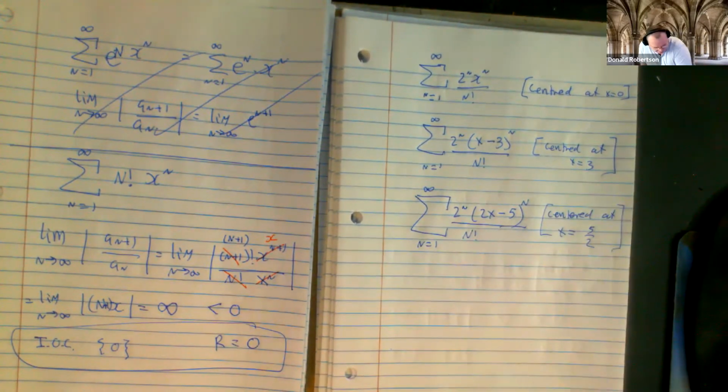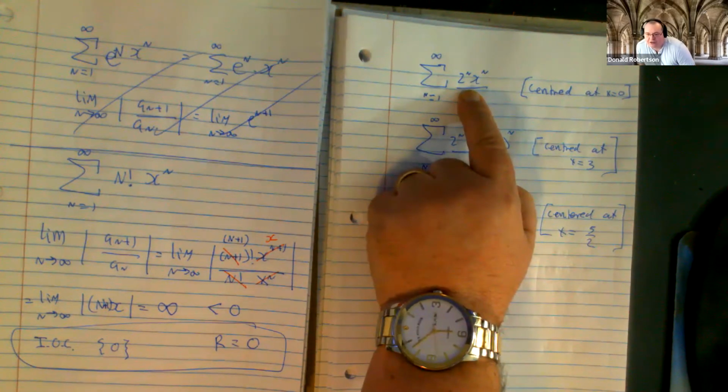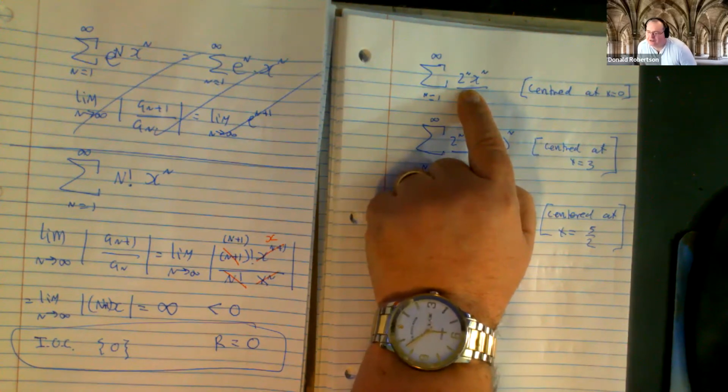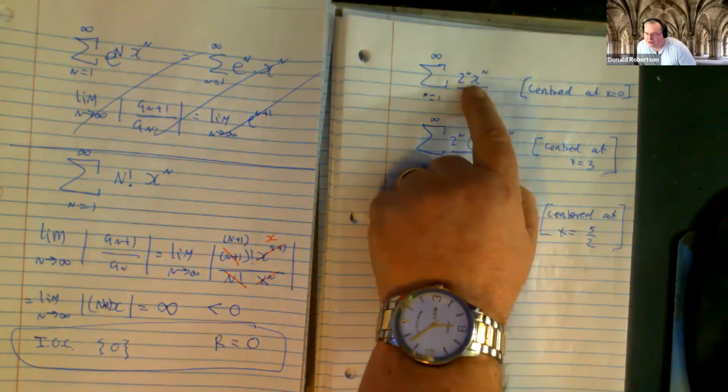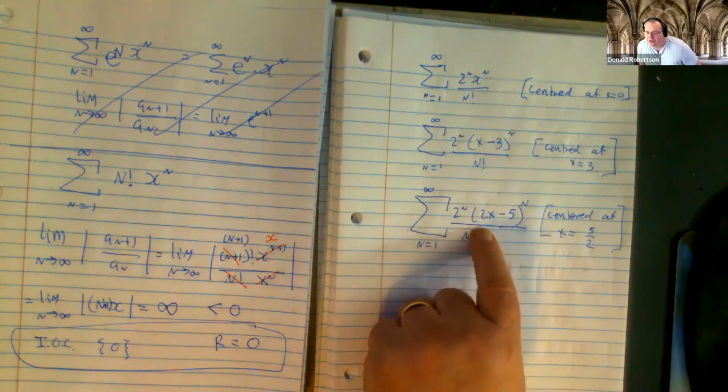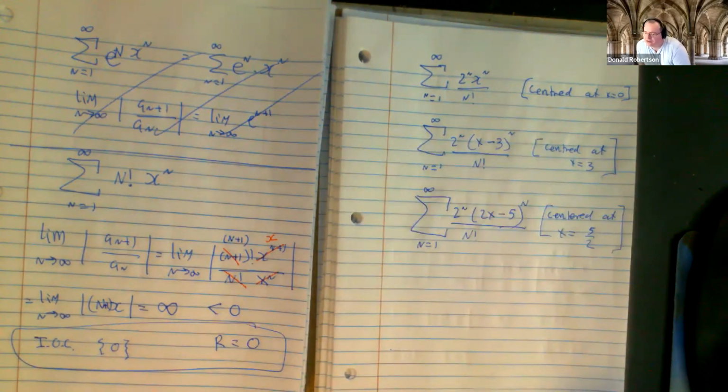And if you're interested, as you'll find out later, I'll tell you some names. Power series that are centered at 0 are called Maclaurin series. So you might see videos talking about a Maclaurin series. It just means it's a power series that looks like this, centered at 0. And if they're written like this guy or this guy, they are called Taylor series.